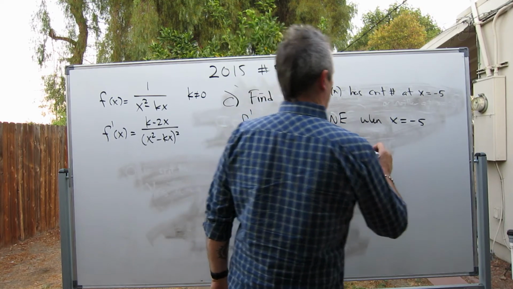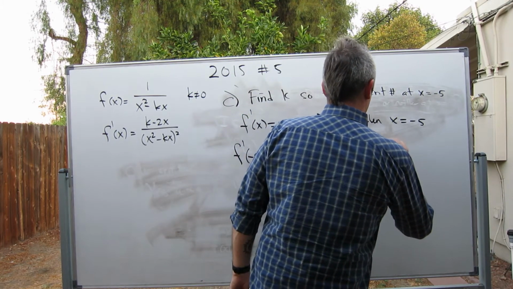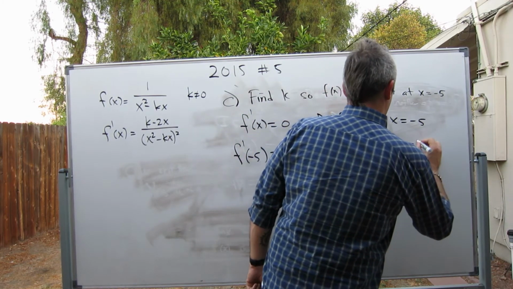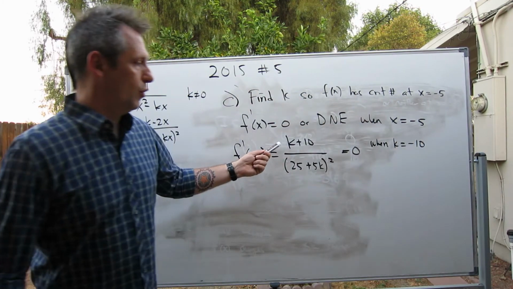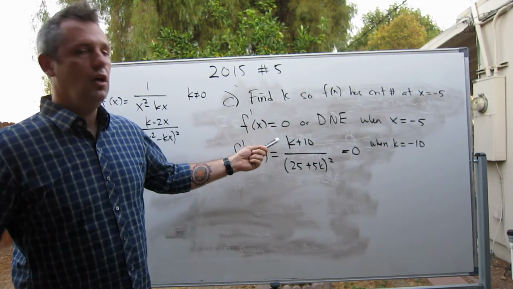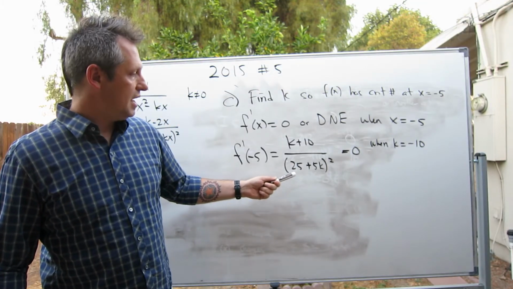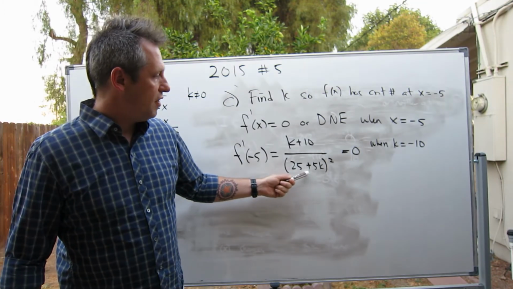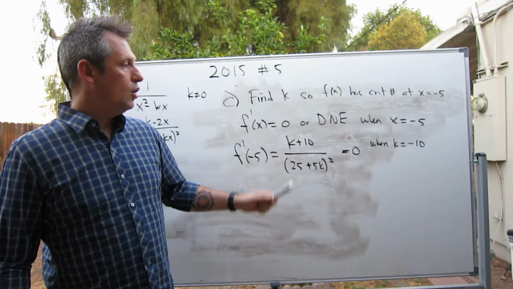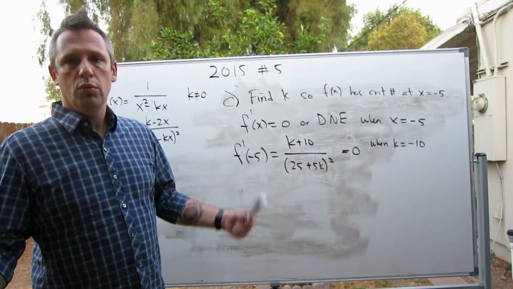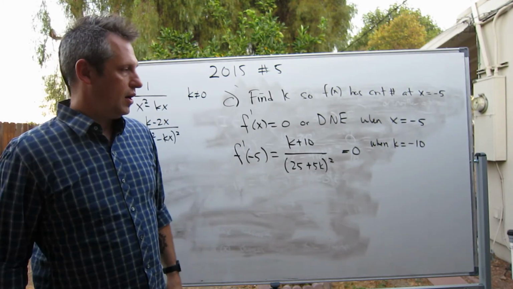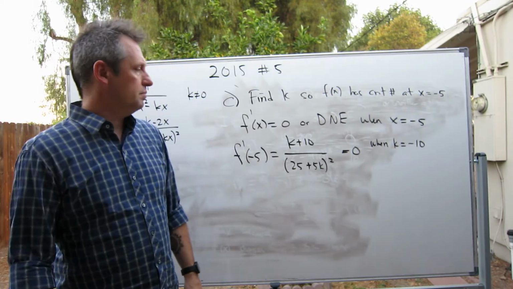So let's start off with that. This seems to happen when k equals -10. Clearly the numerator is 0 then. Note that the denominator is not 0 when k equals -10, because you're going to have 25 minus 50, squared, which is going to be 25 squared or something, 625 or something.